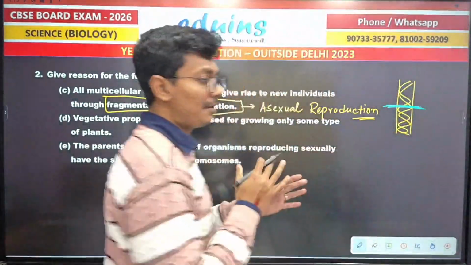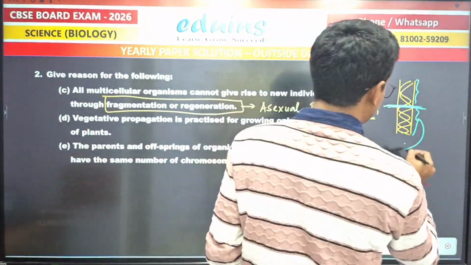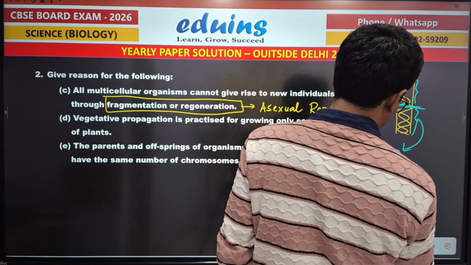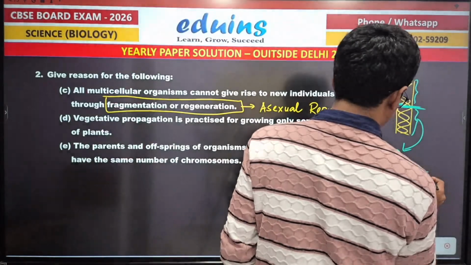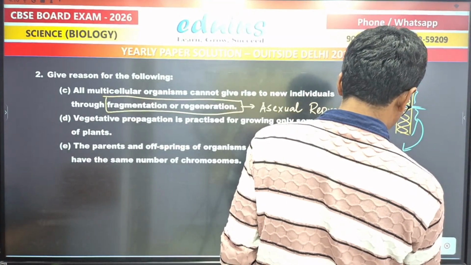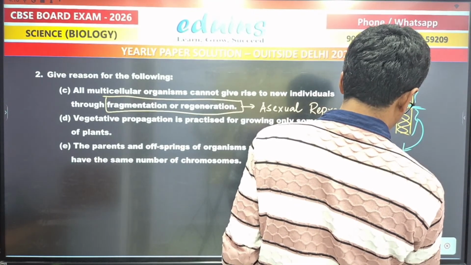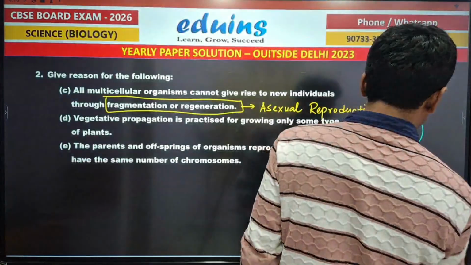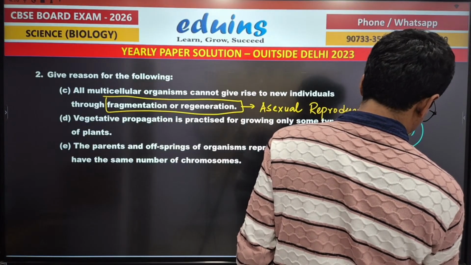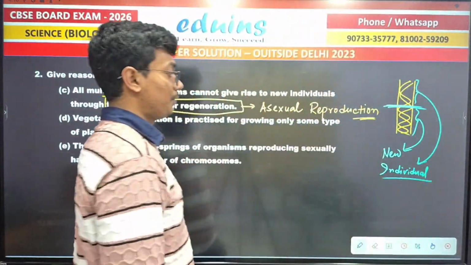If the body is fragmented or cut down, these parts can each give rise to a new Spirogyra, a new individual.